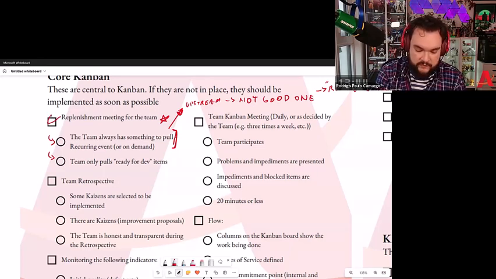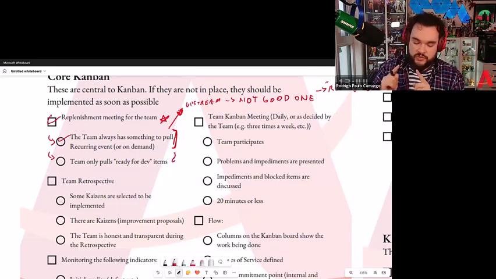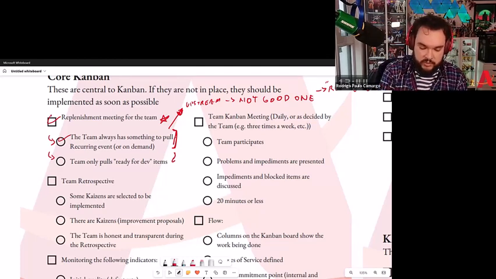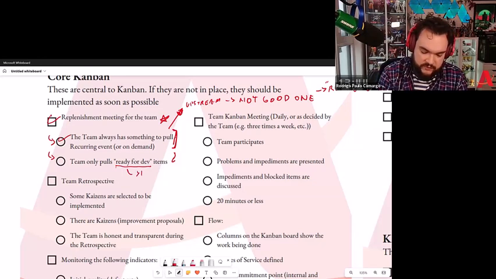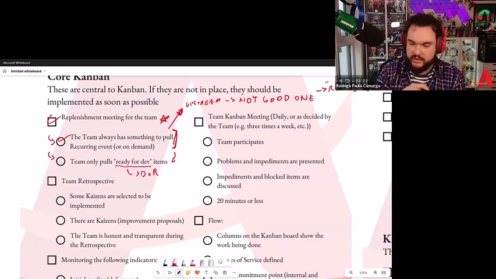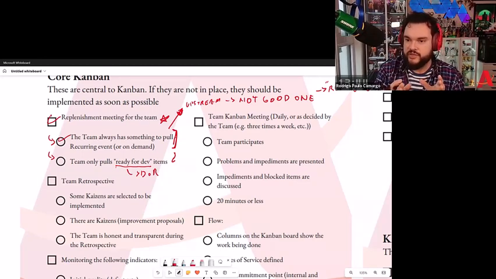We do have items to pull, but the problem was they didn't take the next one. Because what the next one tells me is that the team is only pulling ready-for-dev items, which goes with the definition of ready, the DoR, which basically ensures that the items have all the information necessary for us to start working on them.